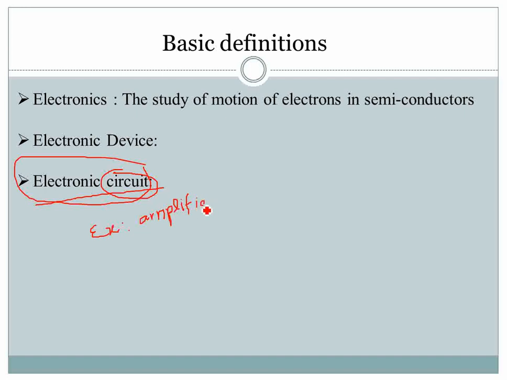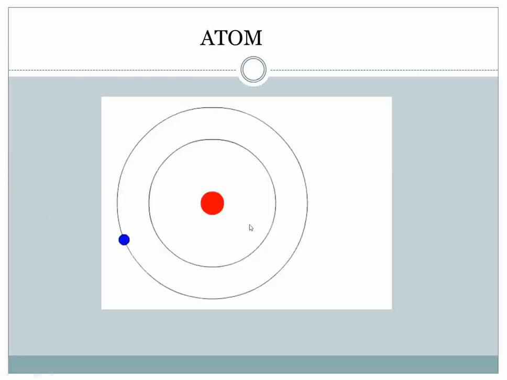This is an electronic circuit example. One more is a rectifier, and a counter also.